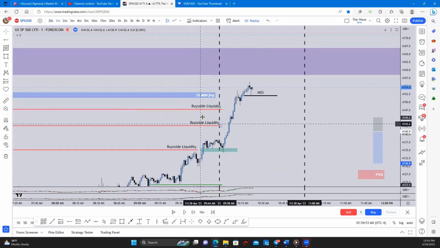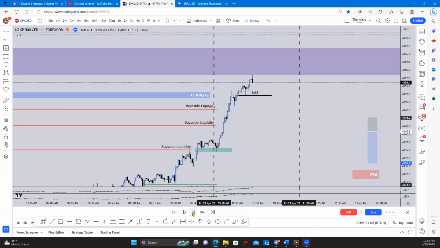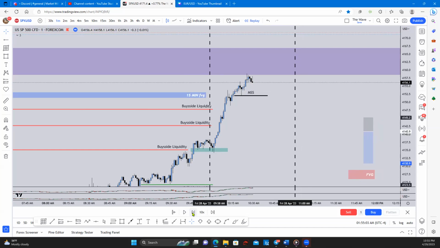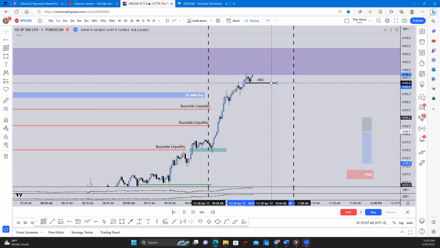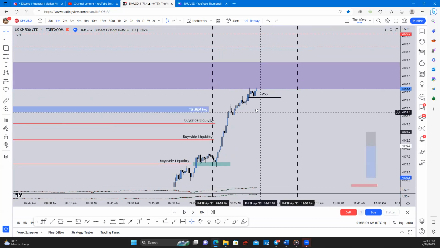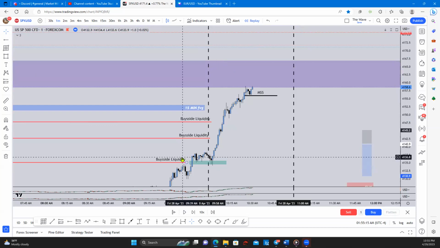So we had now taken out these four buy side PD arrays, patiently waiting, made a higher high. So then this is my new swing low. And we're tapping into this higher time frame, the 1 hour fair value gap.